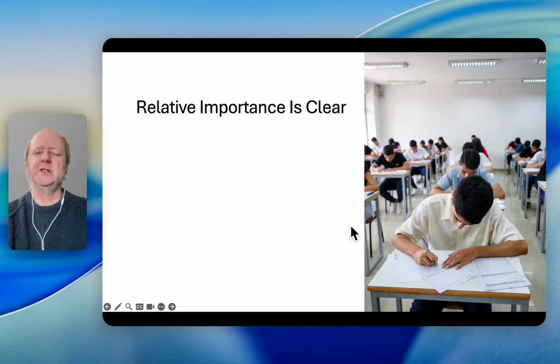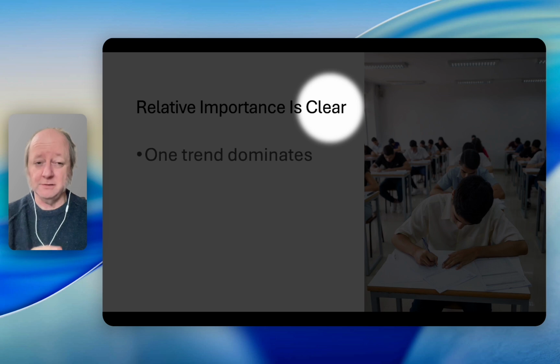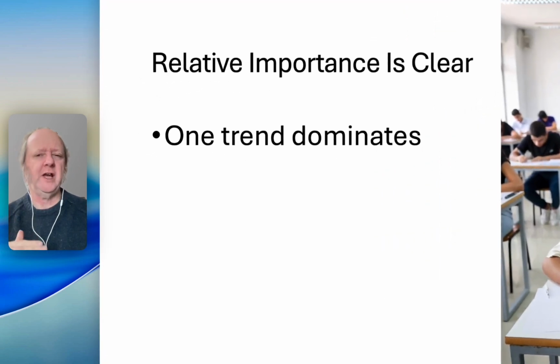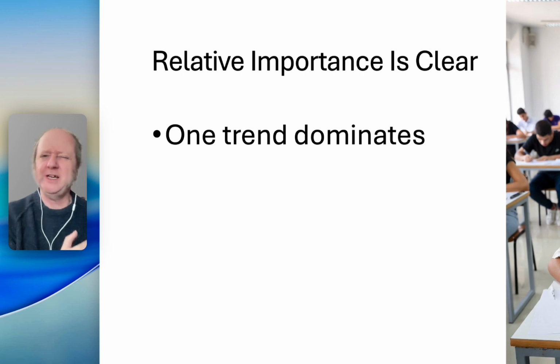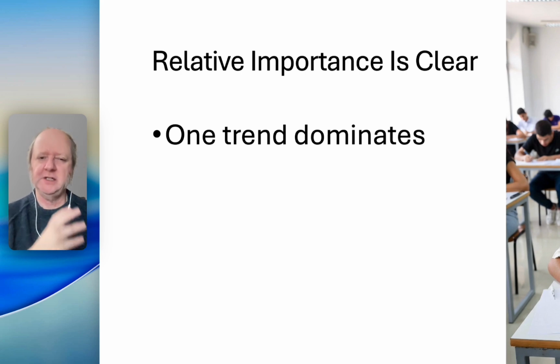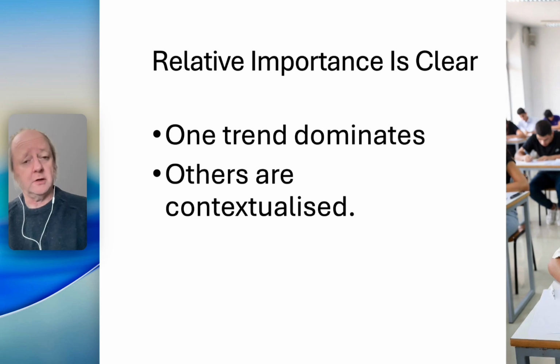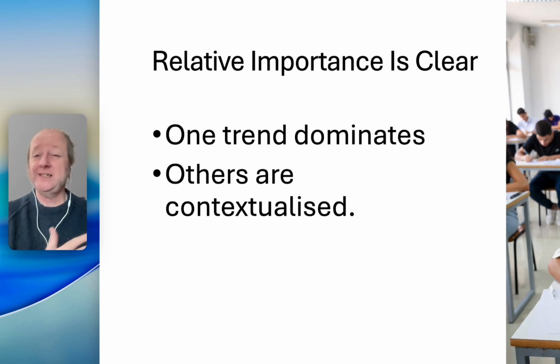So relative importance is important because it's clear. It shows you clearly that that one trend is dominant by putting it at the beginning and stressing the main feature. And then all the other points are contextualized. They're reported within the context of that dominance.